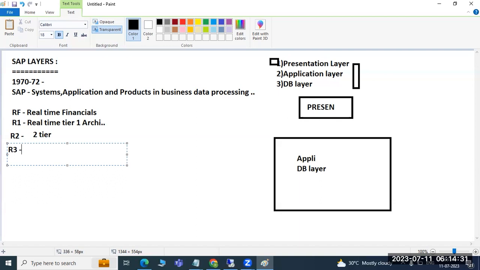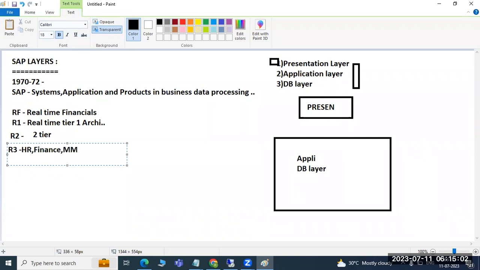Now the successful version is the R3 architecture. What do we mean by successful architecture? It's a kind of client server architecture, a distributed architecture. In 1992, they introduced the R3 architecture and many modules: HR modules, finance modules, and MM.